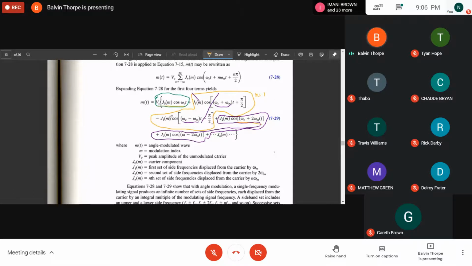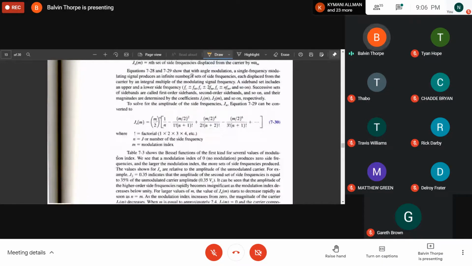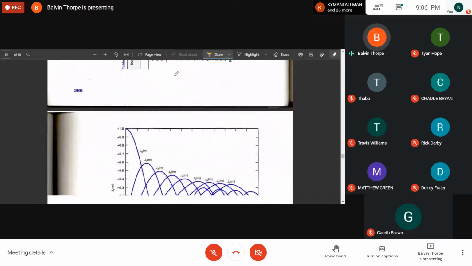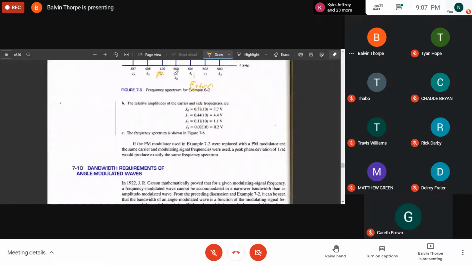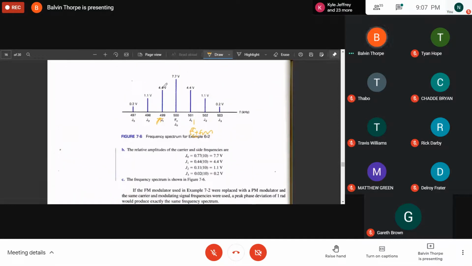But because we're talking about voltage, the minus is still represented as a modulus, because as far as we're concerned, voltage is voltage. That is why it is 0.44 on the lower side times 10 and 0.44 on the upper side frequency times 10.